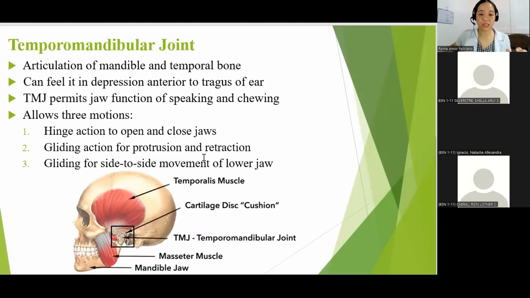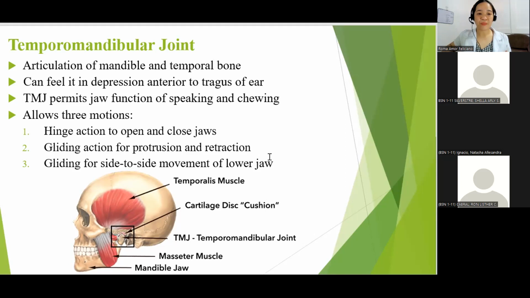It allows three motions. The hinge action to open and close jaws. So these are the motions of the TMJ. Bakit kaya mong ibukas? Bakit kaya mong magsalita? Because of the temporomandibular joint. It glides action for protrusion and retraction. It glides side-to-side movement of lower jaw.